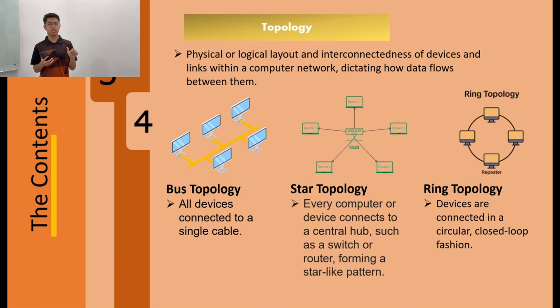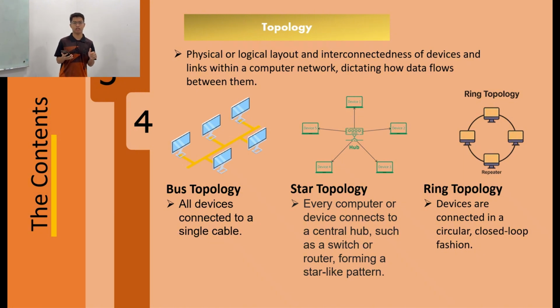For bus topology, all devices share a single same route. So if one wire is broken, all the devices are disrupted. The example for this is the old LAN connection.